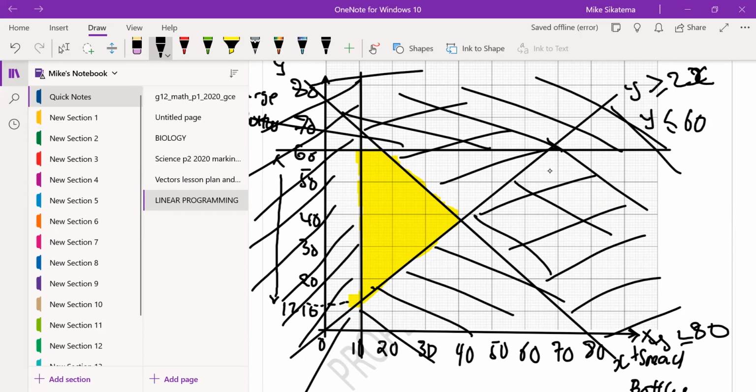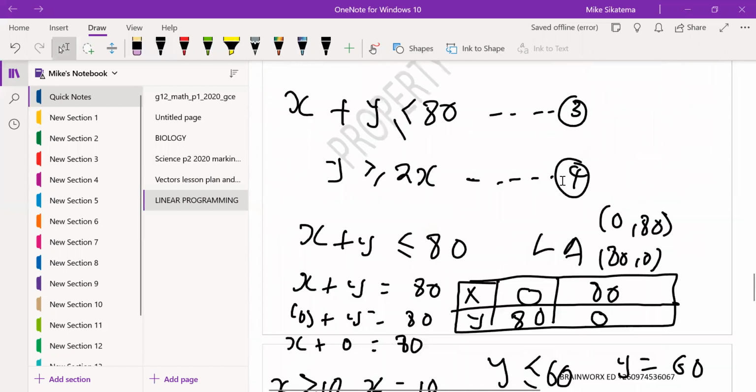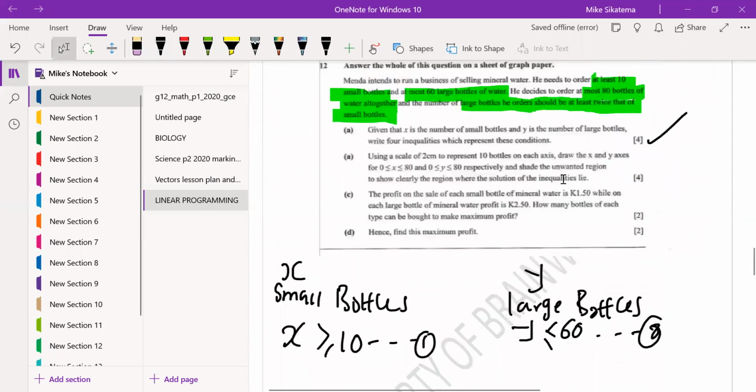So 60 minus 12, that would be 48. So maximum number of large bottles, 48 large bottles.